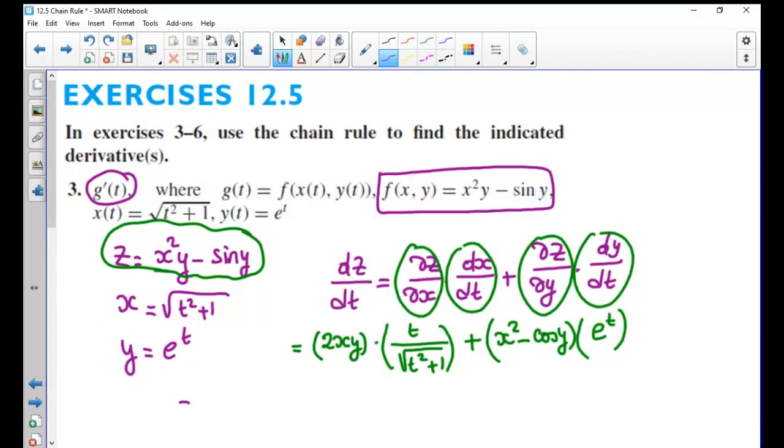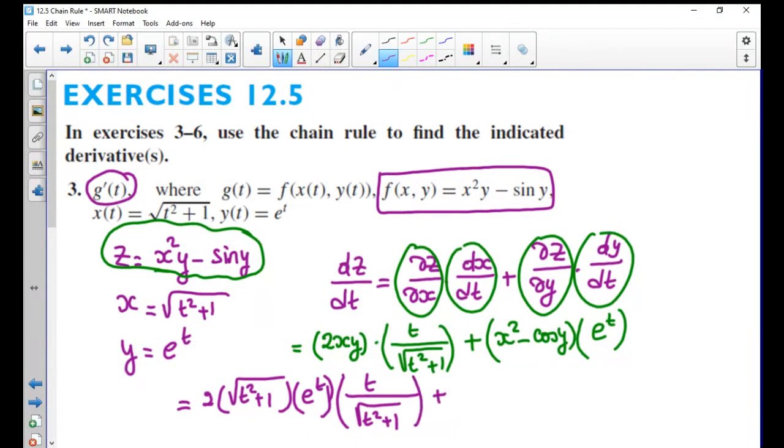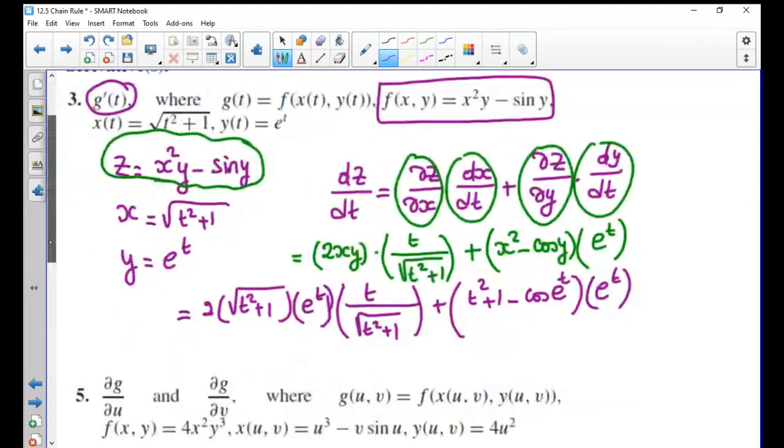It's going to be 2 times x, which is the square root of t squared plus 1, multiplied by y, multiplied by t over the square root of t squared plus 1, plus x squared would just be t squared plus 1 minus cosine of e to the t, and then multiply by e to the t.